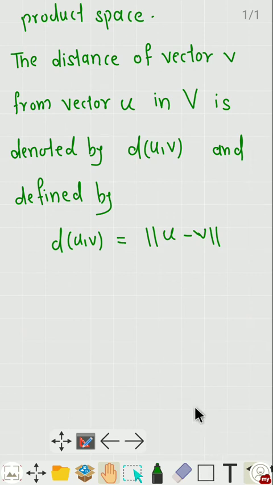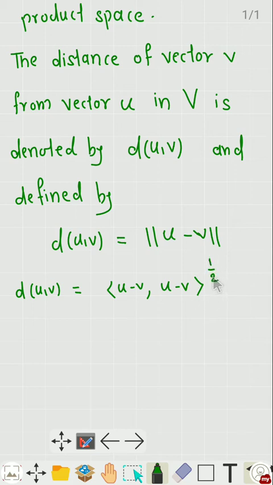Or in terms of inner product, we can write distance between vectors u and v is equal to inner product of u minus v with u minus v, raised to the power 1/2.